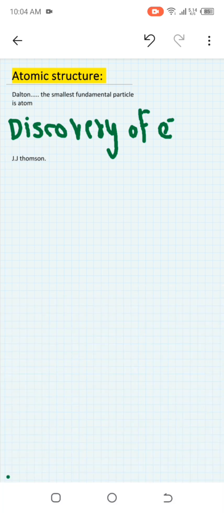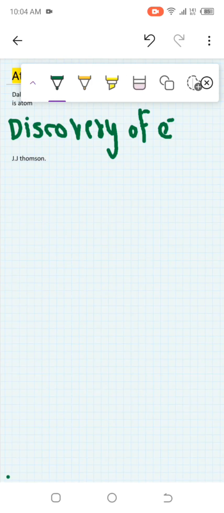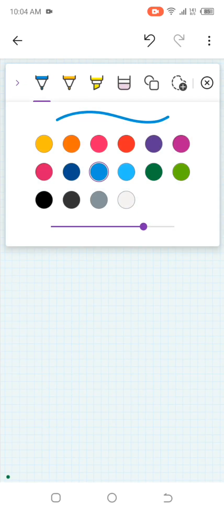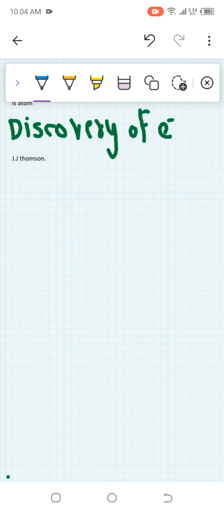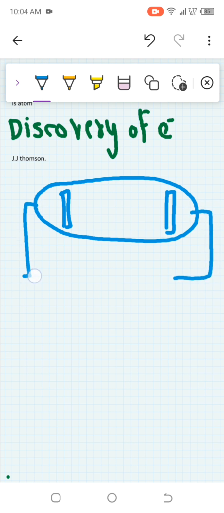So what he did was, first of all, he took a discharge tube in which he placed two electrodes, one anode and one cathode. Let me make this discharge tube. He attached both across the battery.